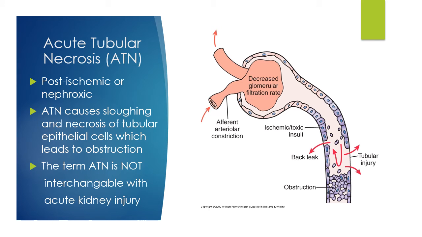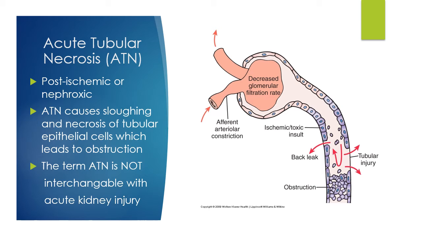So in ATN, or acute tubular necrosis, it's generally described as post-ischemic or nephrotoxic, or it can be a combination of both. And the terms acute tubular necrosis and acute kidney injury are sometimes used interchangeably, but the conditions are not the same because acute kidney injury can occur without ATN. So that's something just to be aware of in terms of terminology.